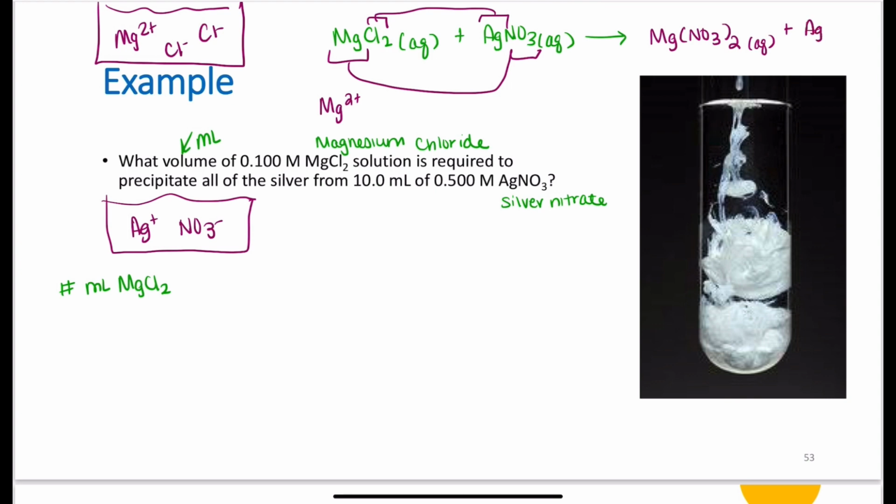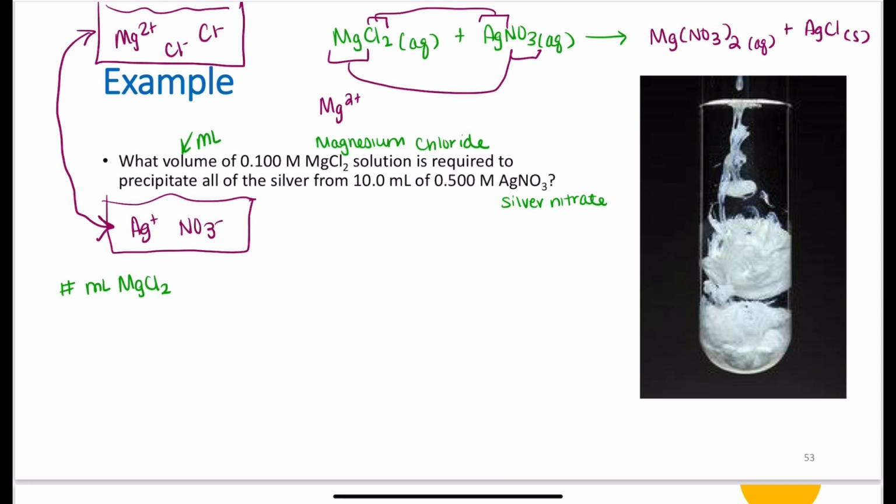And silver chloride, which is solid. It does form precipitate. Chlorides are usually soluble, but silver is one of the exceptions that will precipitate out. So what we're really doing here is we're thinking about if we mix these two together, what's going to form.